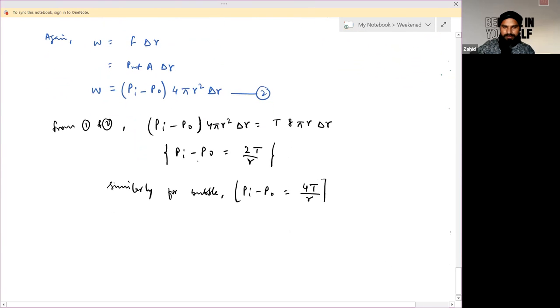Now, in this part, since pressure difference is inversely proportional to radius, the smaller the bubble, the more pressure difference it will have. And this pressure difference is also termed gauge pressure, which we already defined in the last class.